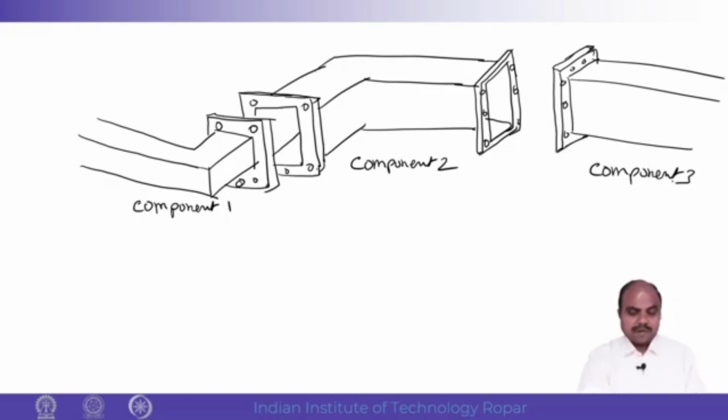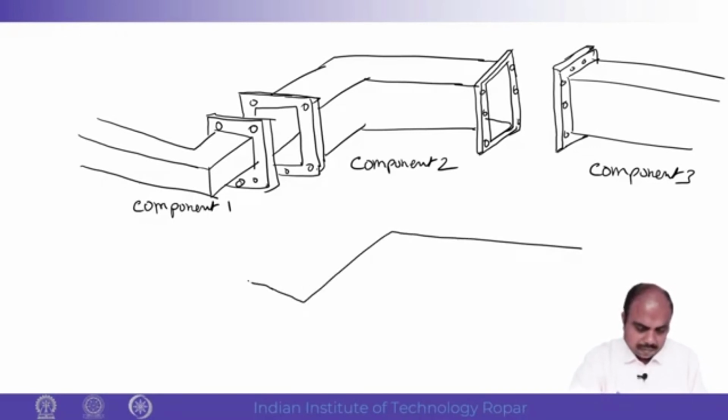Now instead of having so many components and having screws to join them, we can just use a single one, and that is going to be something like this, because we are using 3D printing, so we don't have to really worry about this.